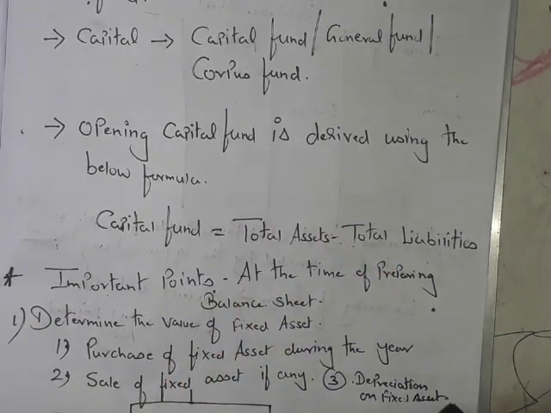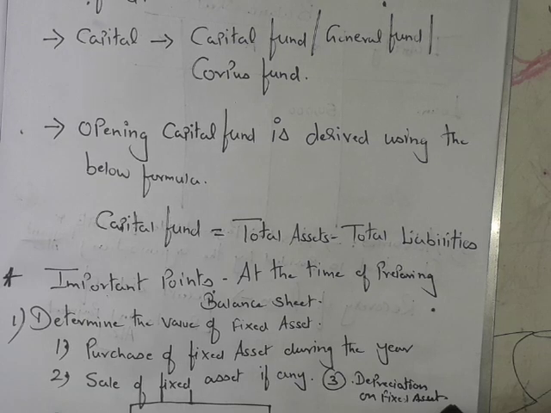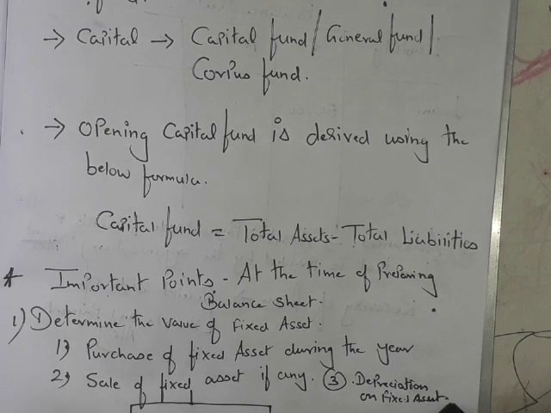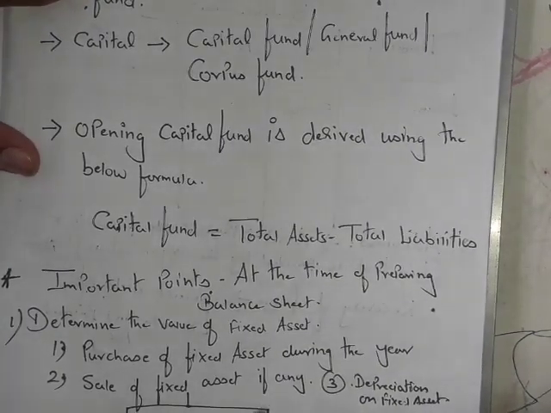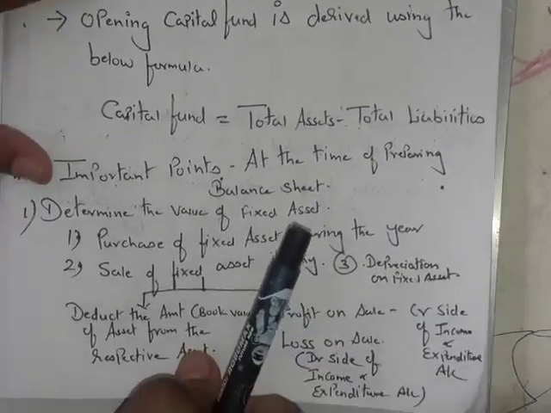Right. Now, let us ensure certain things before we prepare the balance sheet. There is an important point which we need to take into account at the time of preparation of our balance sheet.